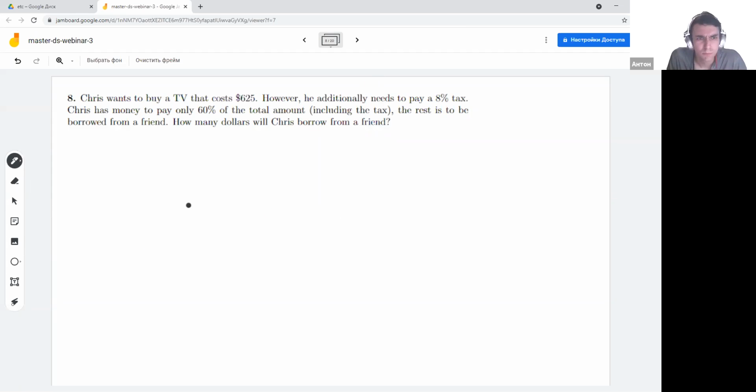Well, this problem is kind of simple if you understand the right order of computing these percentages. The thing is that initially he needed $625, but he also wants to pay a tax. Maybe he doesn't want to do it, but he has to. So we need to include this plus 8% of tax into the price.